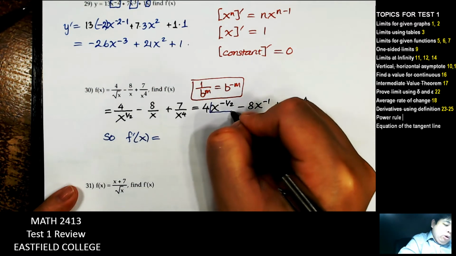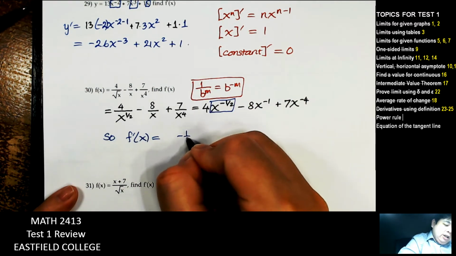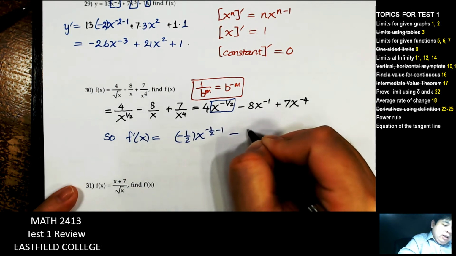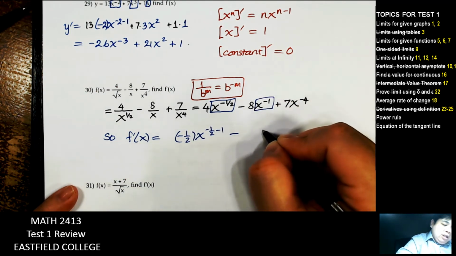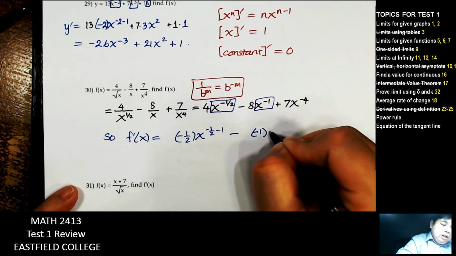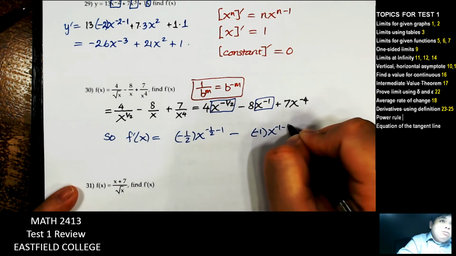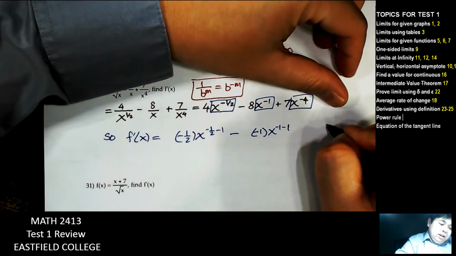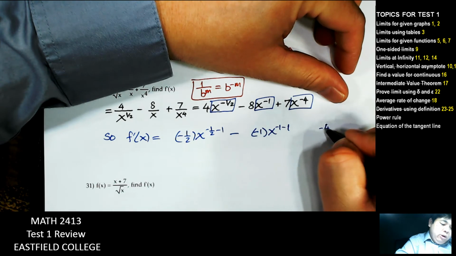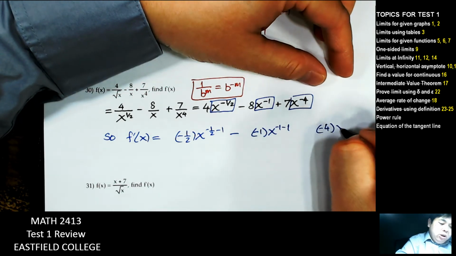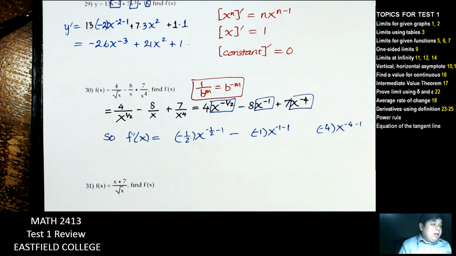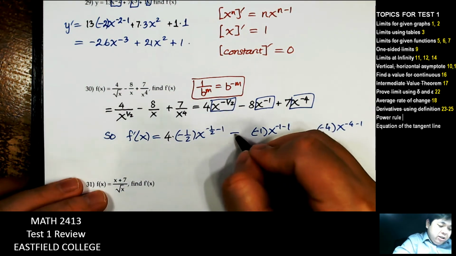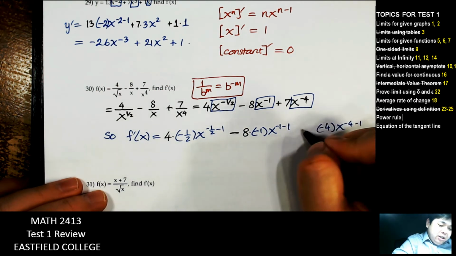So I will do all of the powers first. Negative 1/2 x to the negative 1/2 minus 1. X to the negative 1 is negative 1, x to the negative 1 minus 1, and then that negative 4. Bring down the power, original power minus 1. And this has a constant in front, minus 8 plus 7.